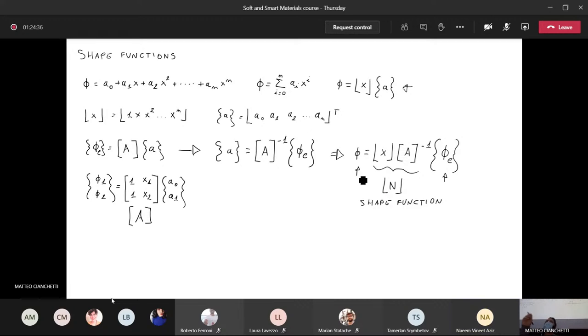The first question was about what a row vector is, and the answer is that it is a matrix with only one line, a single row. The second question is about the limitation of the shape function.